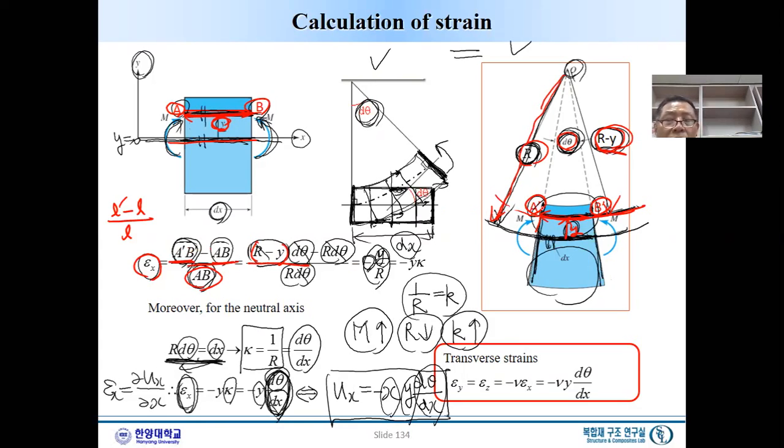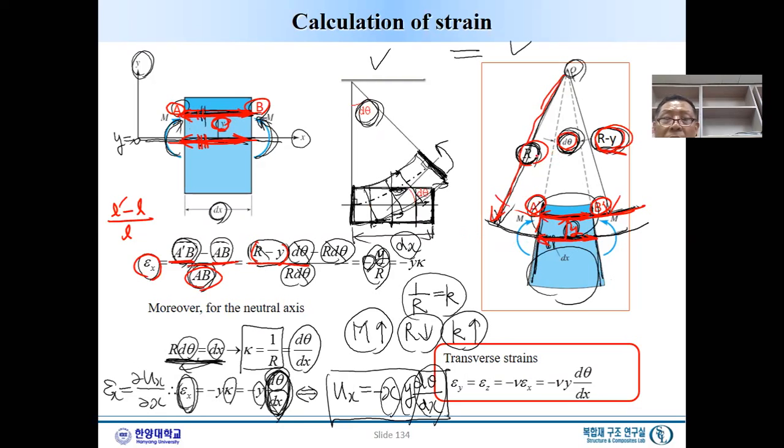Now, how about the original length? The original length was AB, and AB is the same as this length at the neutral axis.